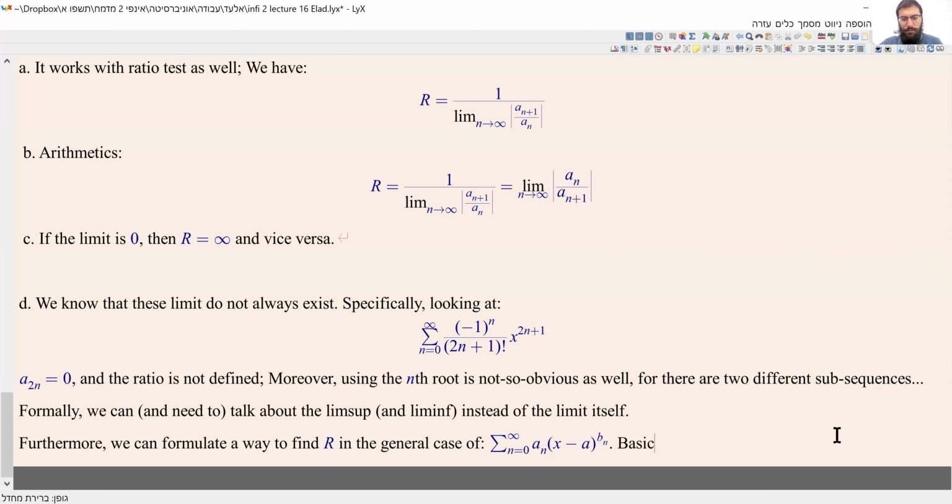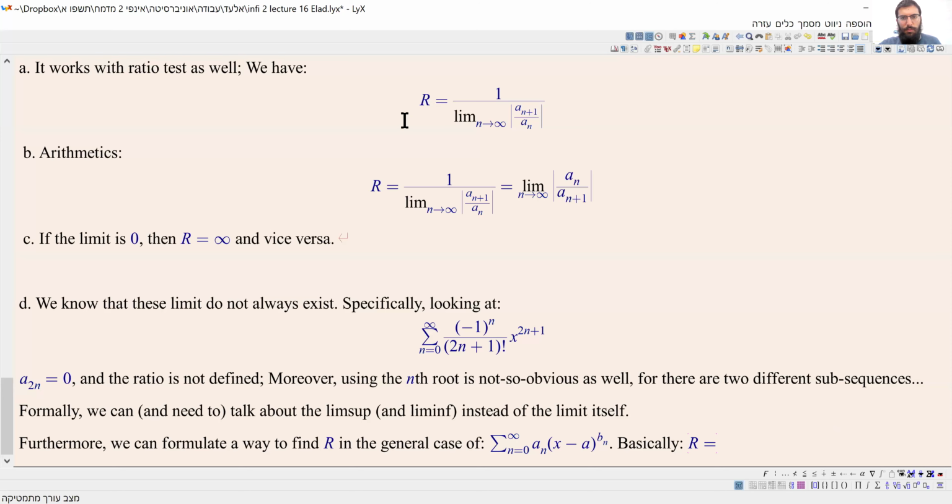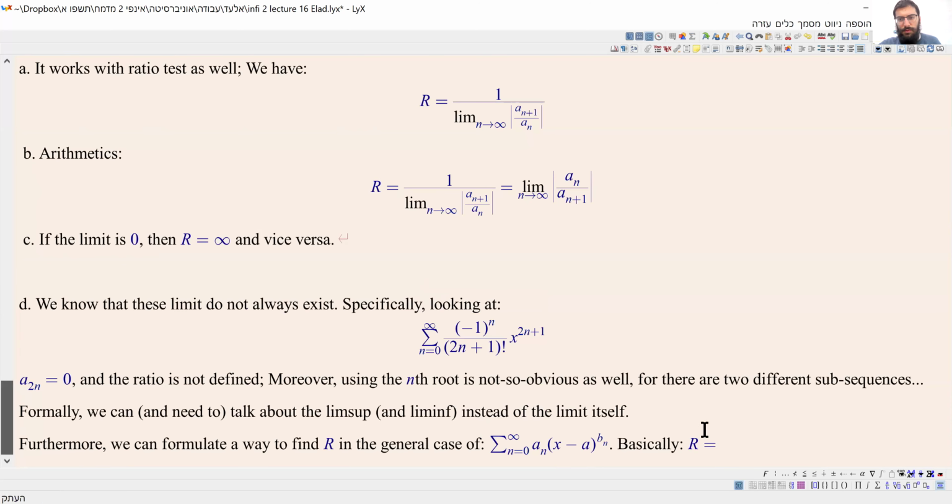Basically, R is one over the limit of not the nth root, but the bnth root. I mean, an to the power of 1 over bn. That's what you put in the denominator.